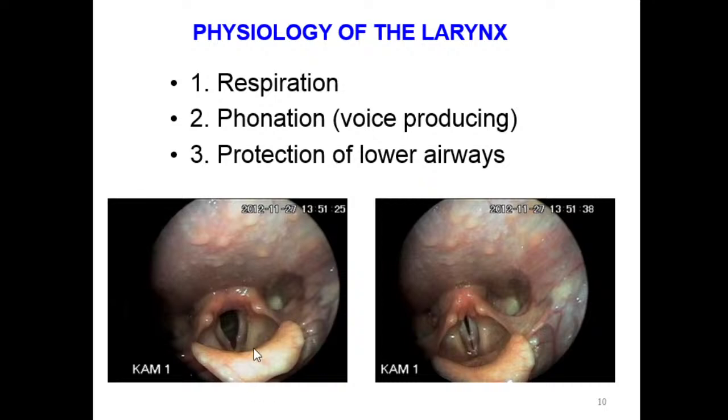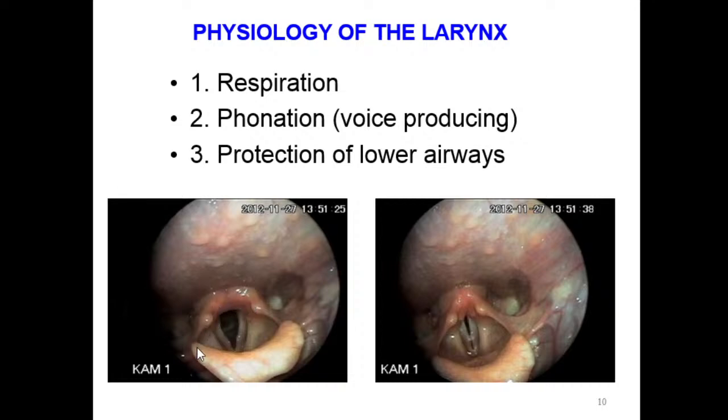Here you can see the larynx as we see it during laryngoscopy. So what are the anatomical structures that we can see? It is the epiglottis. Here are the arytenoid cartilages under the surface of the mucosa.